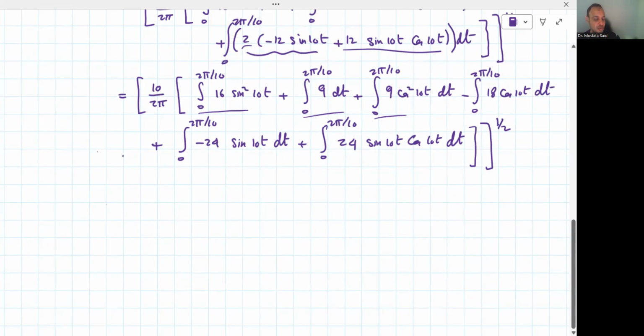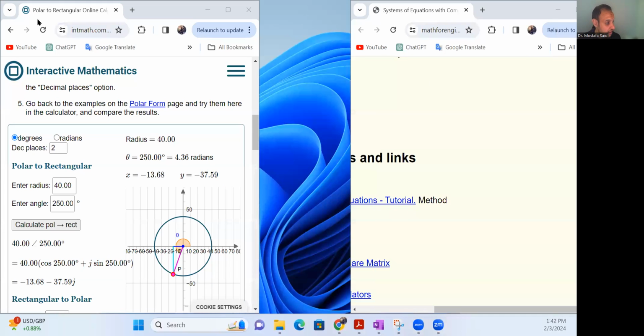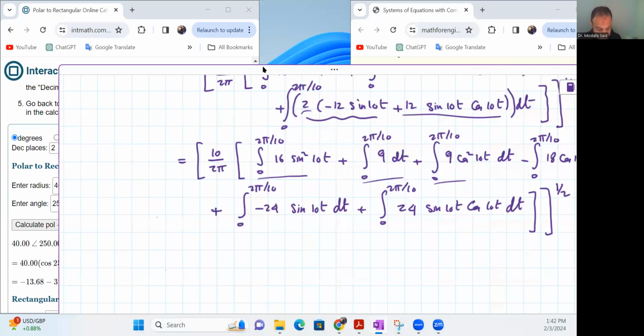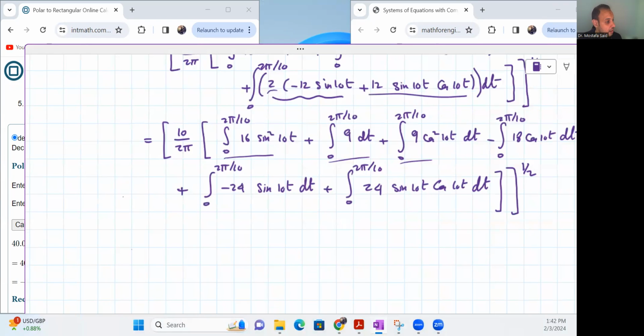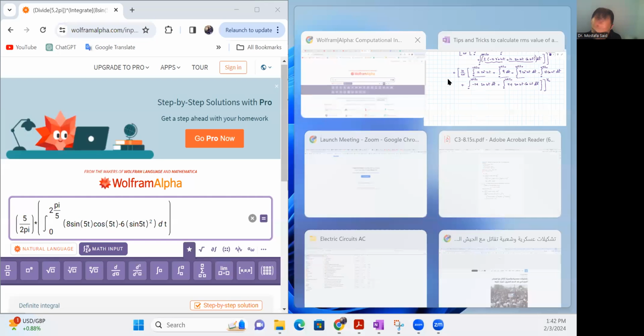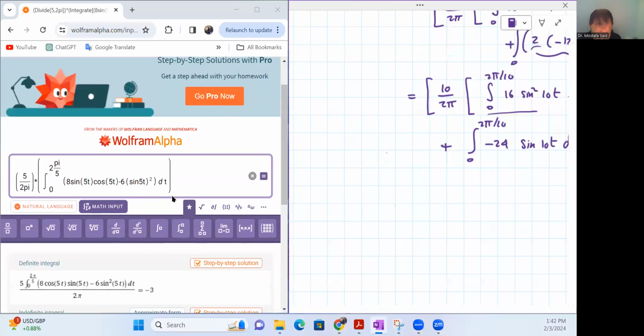Some of them are very easy to do, by the way, and we're gonna verify that. So let's do that together. I put the link for that calculator in the description, so don't worry.